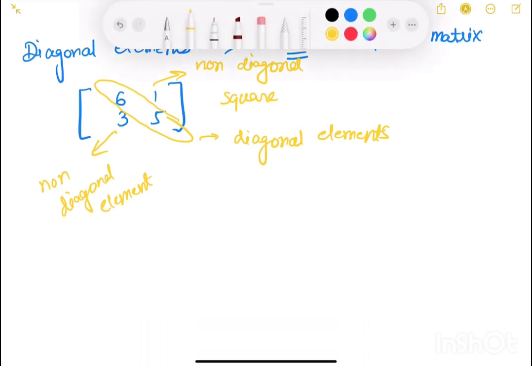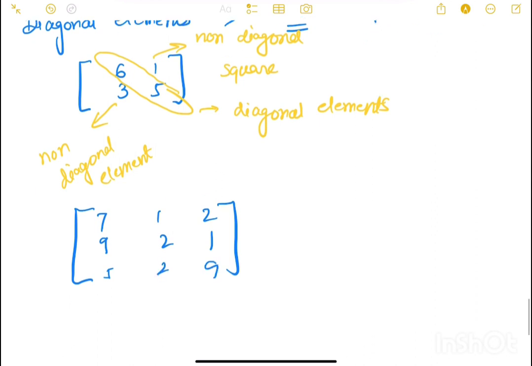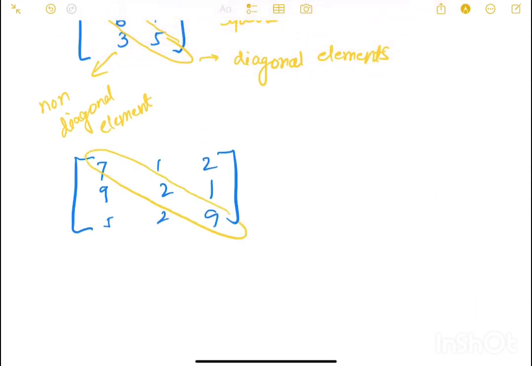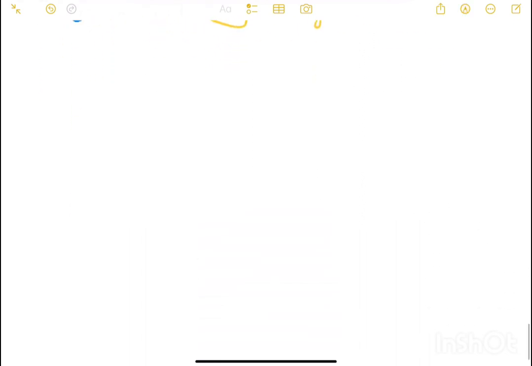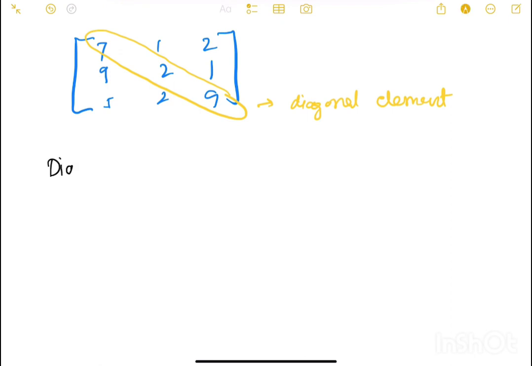I will just explain it for 3 cross 3 as well for the sake of completeness. This is the matrix which I have written above. So this diagonal gives my diagonal elements, and the rest are non-diagonal elements. Okay. So now let's jump into what a diagonal matrix is.